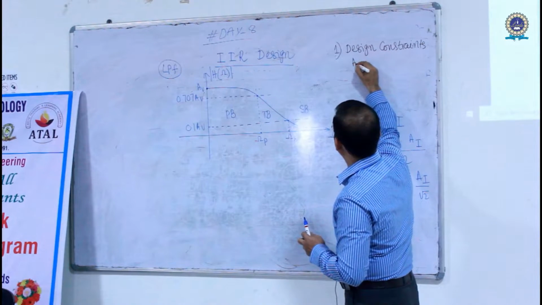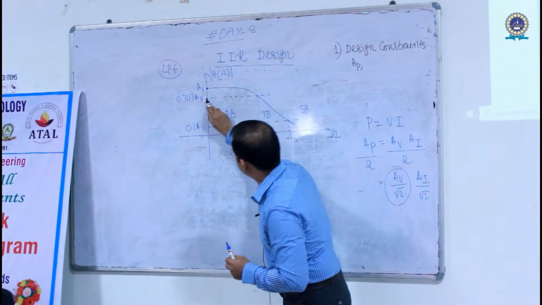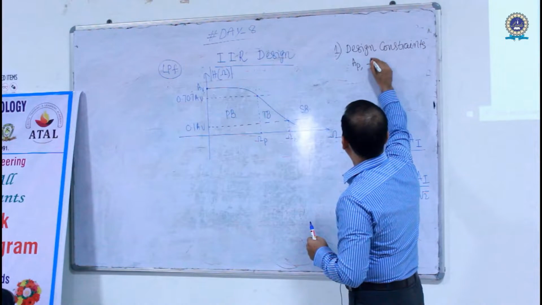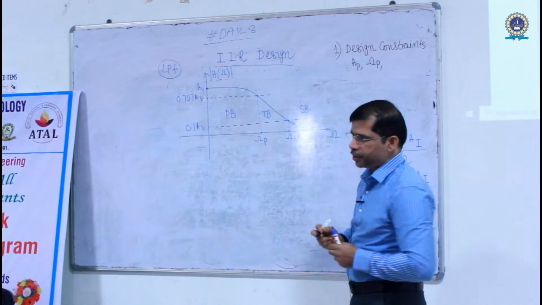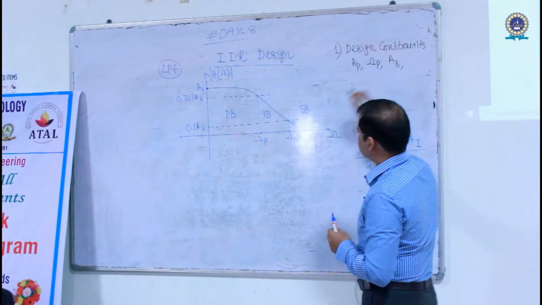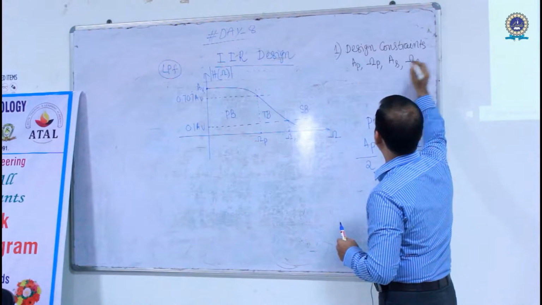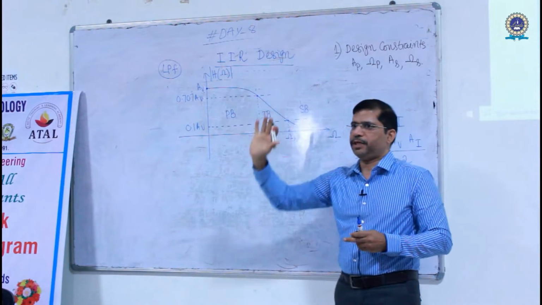The first one is the passband gain, which is nothing but this value, then I am going to give the passband frequency, and I am going to give you the stop band gain, that means this particular value, and omega s. So these 4 values will be given.